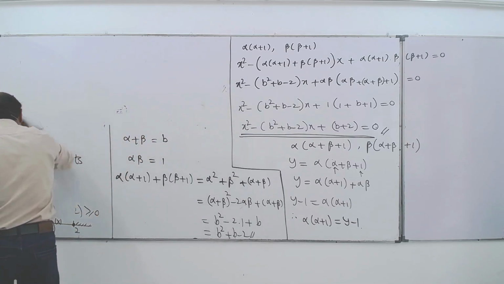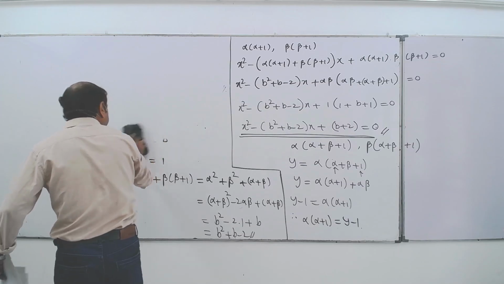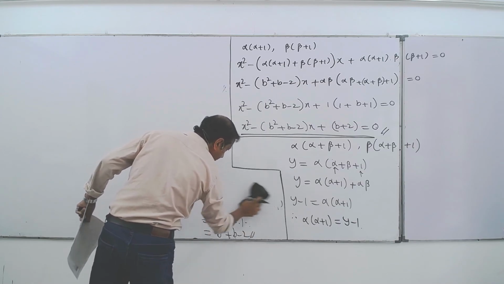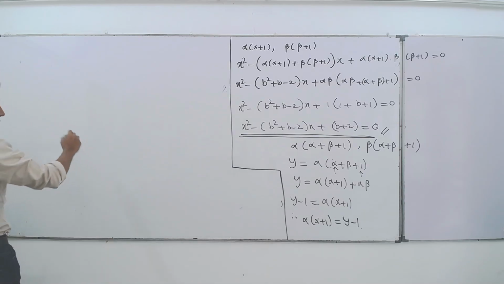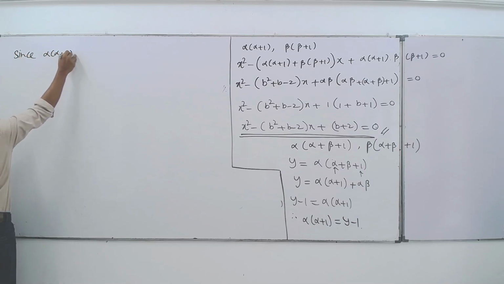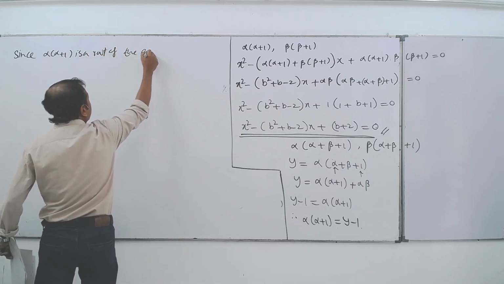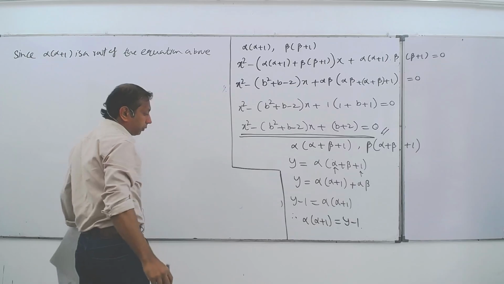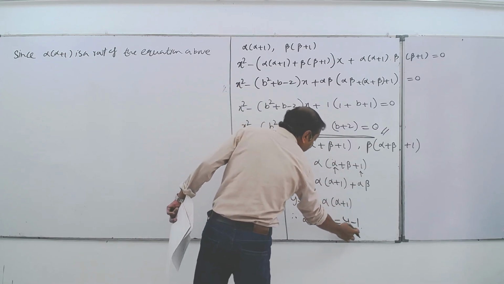Now we can take the last answer. Since alpha times alpha plus 1 is the root of the equation above, we can put alpha times alpha plus 1 here for x, and that is equal to y minus 1.